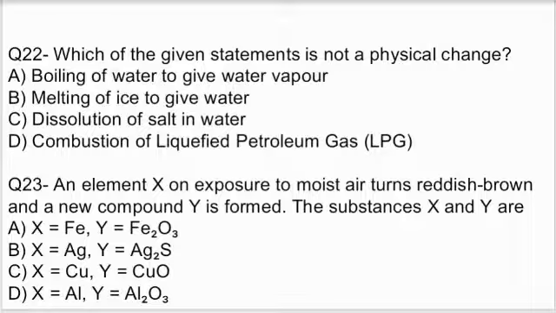B. X is equal to Ag, Y is equal to Ag2S. C. X is equal to Cu, Y is equal to CuO. D. X is equal to Al, Y is equal to Al2O3. The correct option is A. X is equal to Fe, Y is equal to Fe2O3 is the correct option.